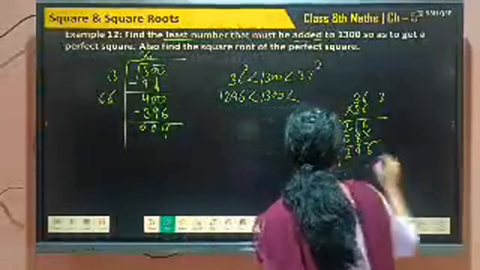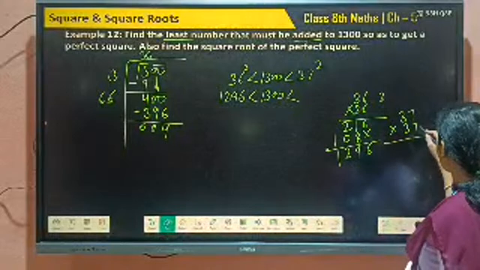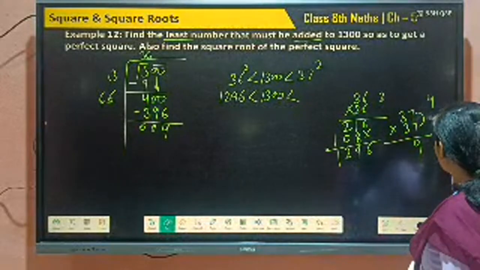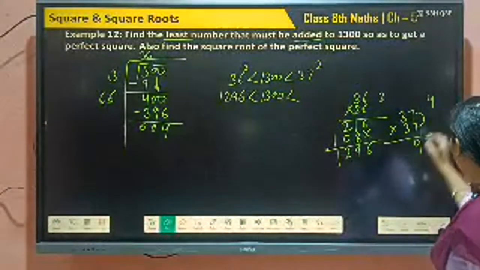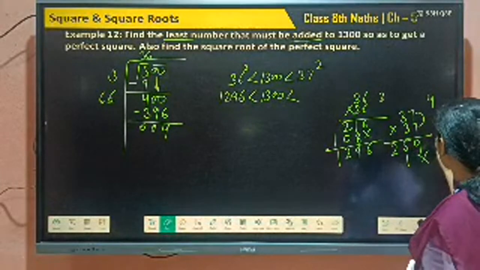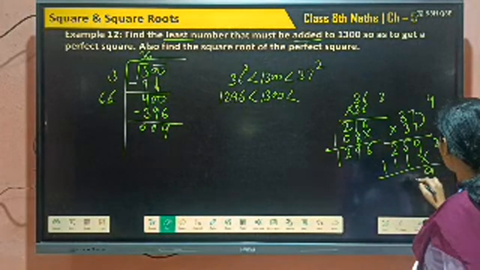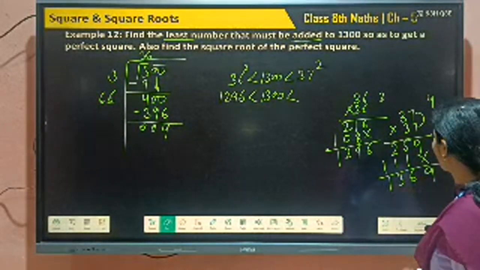And what is the square of 37? Multiply 7 7s are 49, 7 3s are 21 and 4, 25. 3 7s are 21, 3 3s are 9 and 2, 11. 9, 6, 3 and 1.